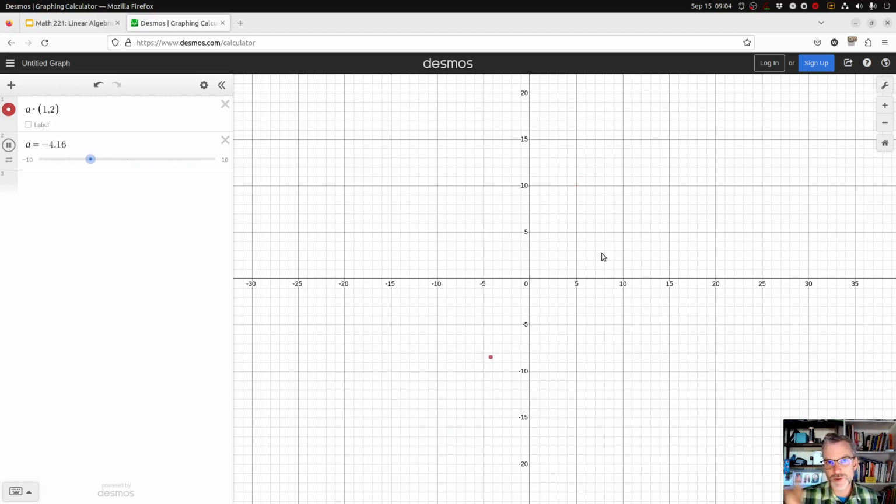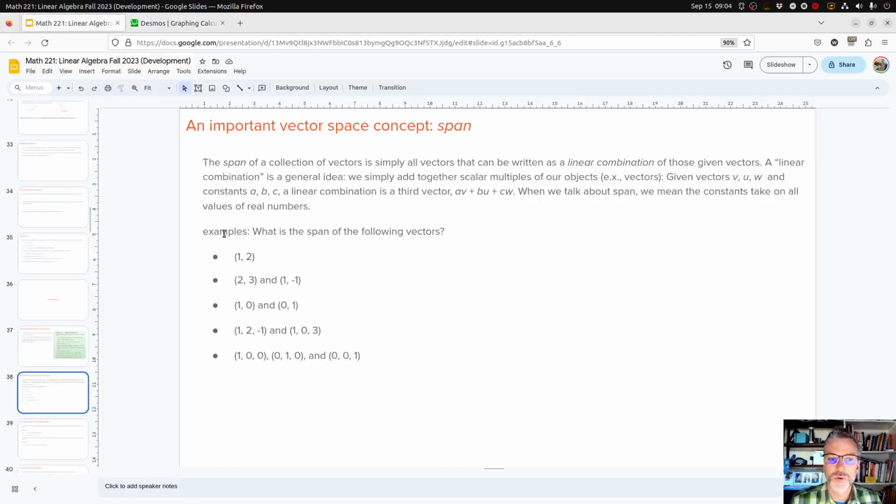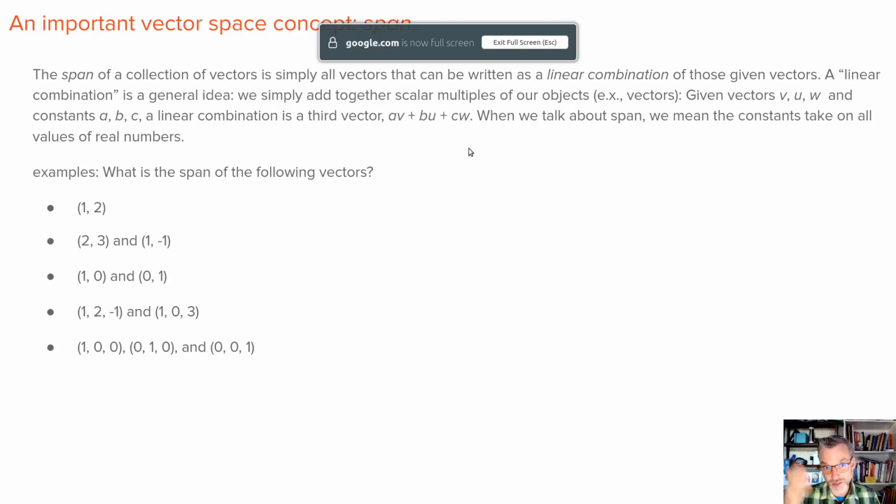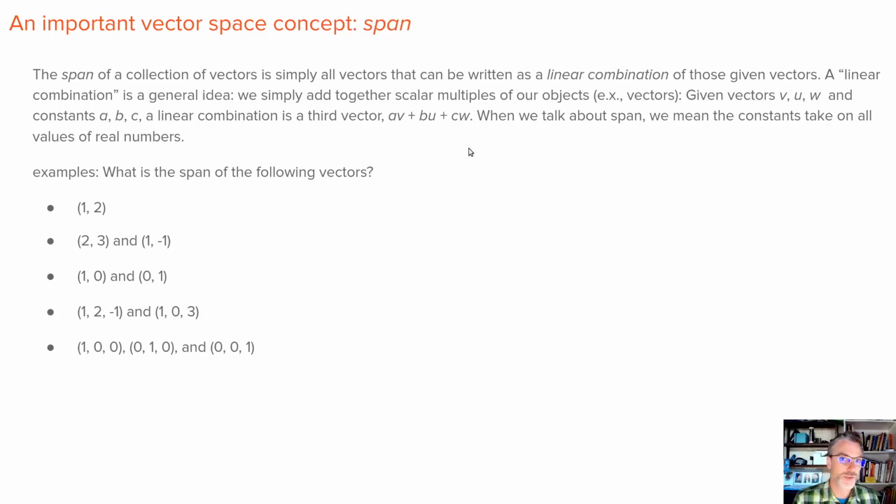You can see it traveling along a line. And if I look at all possible points that it could be, the result is a line. So when we ask what the span of this is, the answer is that it's a line. It's an entire line that goes through the origin and the point 1, 2.